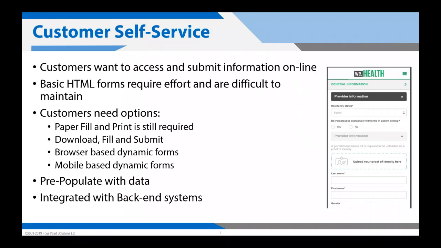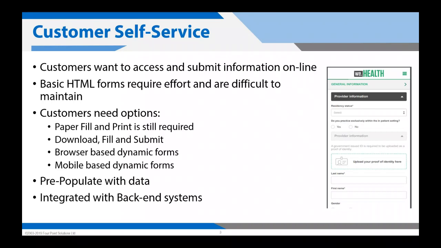That's entirely possible, but they often require effort. They require work. They require developers to develop that in your organization. And they're often very difficult to maintain because it's actually a piece of code attached to a specific page in the website. And customers need options to be able to work with your organization and send data into it.